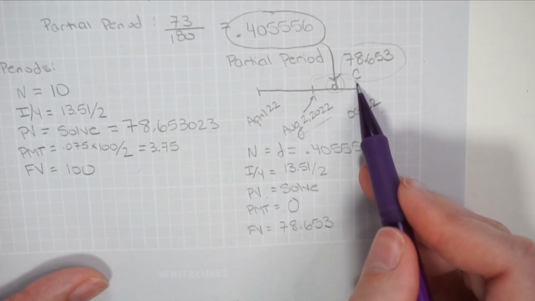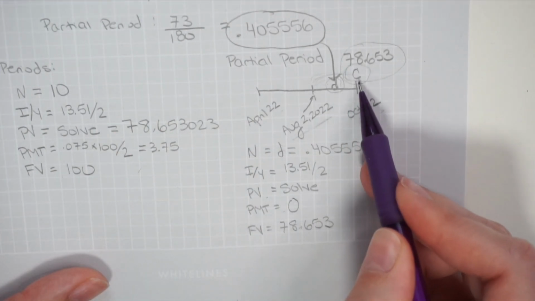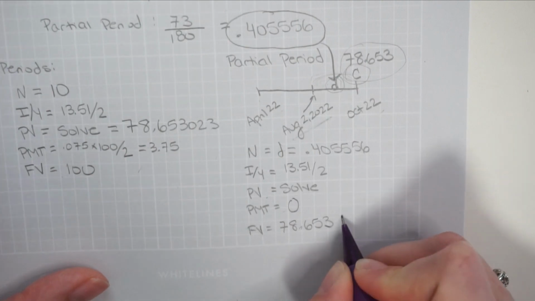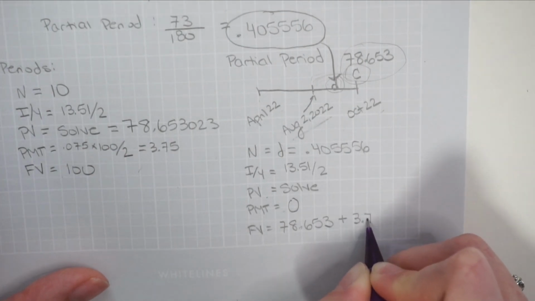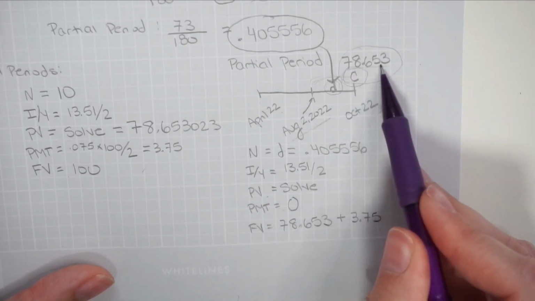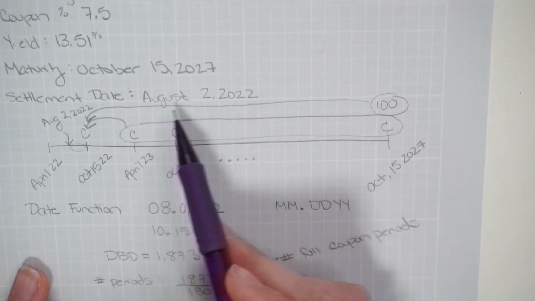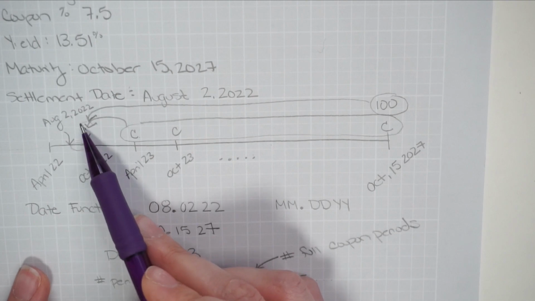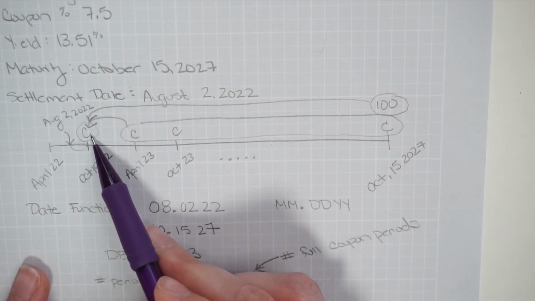And then I still have that last coupon that I haven't included yet. So I'm going to add on $3.75. So I'm discounting back that price that I calculated from all of my full periods, plus that last coupon that we haven't captured yet.